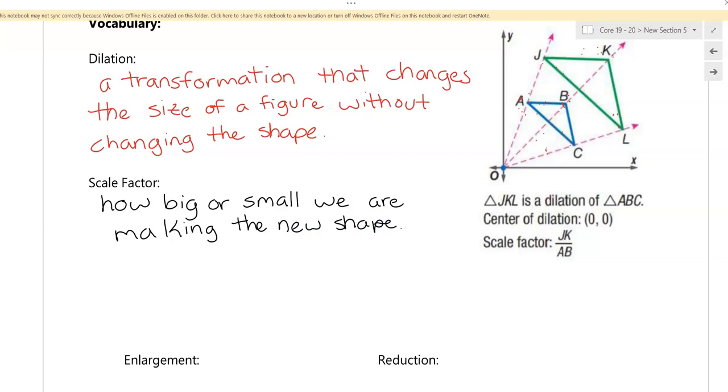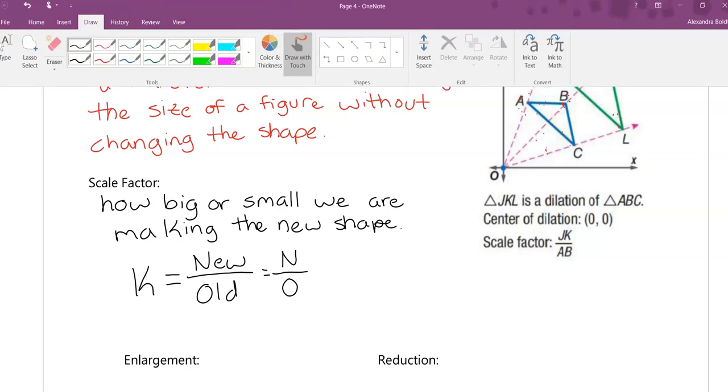Our scale factor, we use the letter K. We say K equals, and the best way to do it is new over old. So it's the length of the new shape or the size of the new shape divided by the size of the old shape. Okay, so it's a proportion. And we divide it. And we'll see some examples of what that actually is.